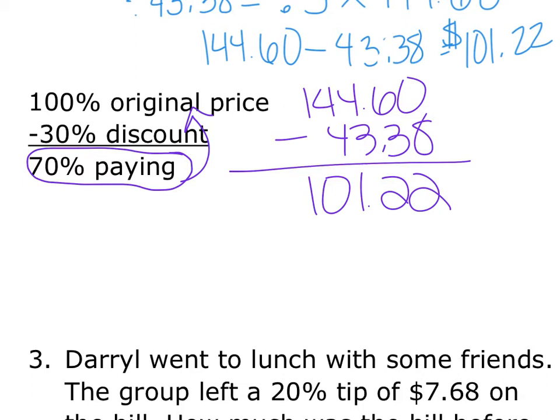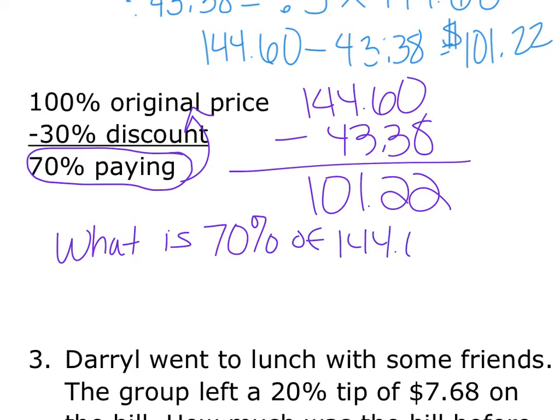So what we could have done is asked ourselves the question, what is 70% of 144.60, and that would have given us the percentage of the price that we're actually paying. It would have saved us a step.